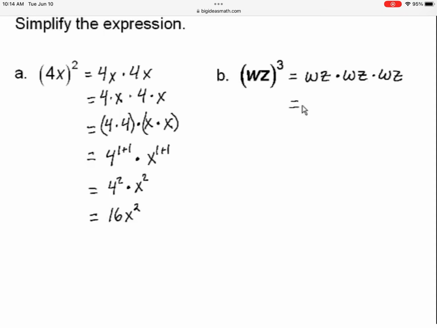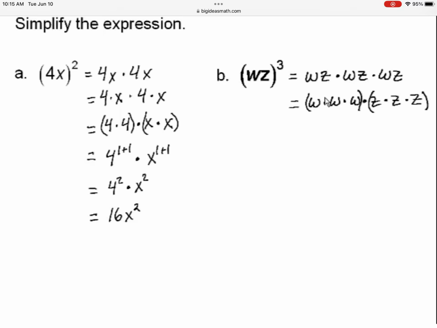Next, use the commutative property of multiplication to rearrange the terms. So we have w times w times w times z times z times z. Then use the associative property of multiplication to group the like terms.